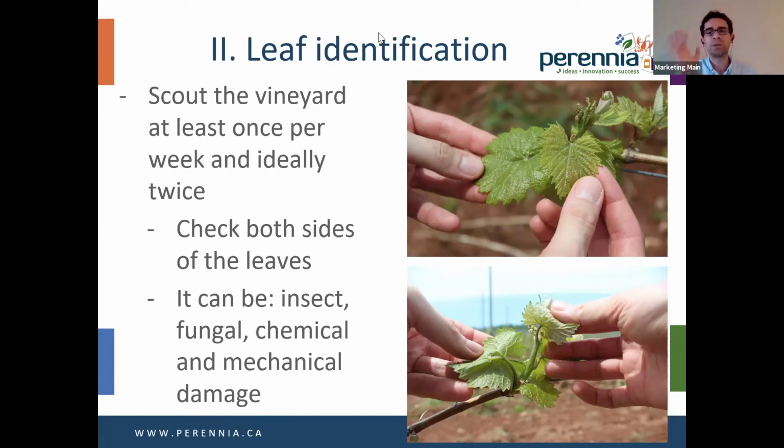So doing proper scouting, you will be able to make the best decision and spray the necessary products to manage and handle that problem, or to discard a problem and see that it's only mechanical damage or something of that nature.